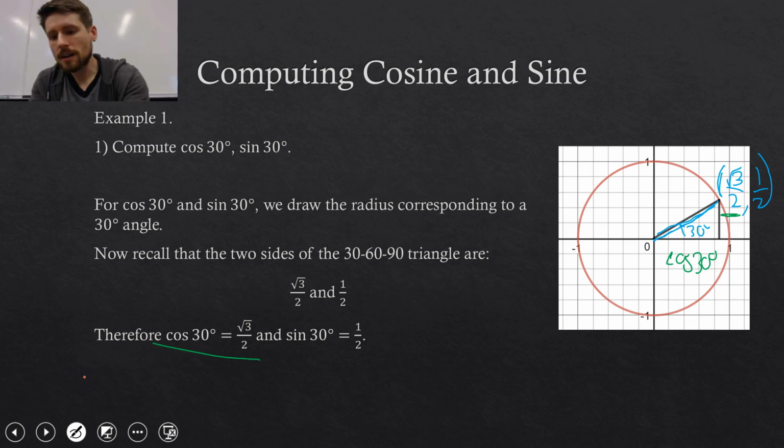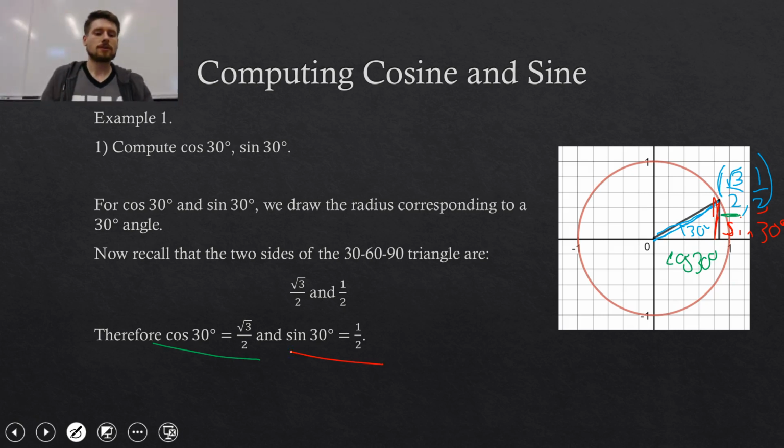And then sine of 30 degrees, that's the y. So this is sine of 30 degrees, right here, this length, and it's going to equal 1/2. So cosine 30 is root 3 over 2, sine of 30 is 1/2, and you know these just by looking at the unit circle. I'm going to be asking you to compute cosine and sine based off of the unit circle, because then you really understand these functions.